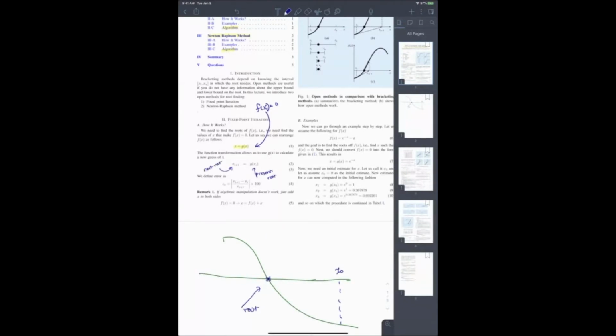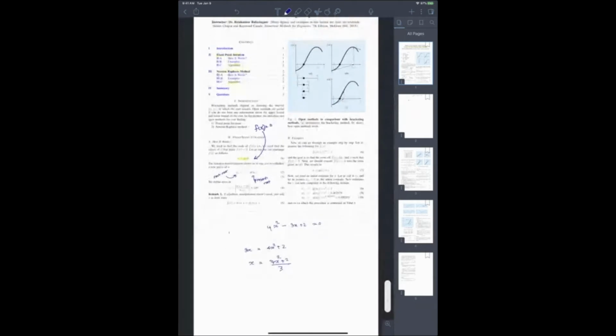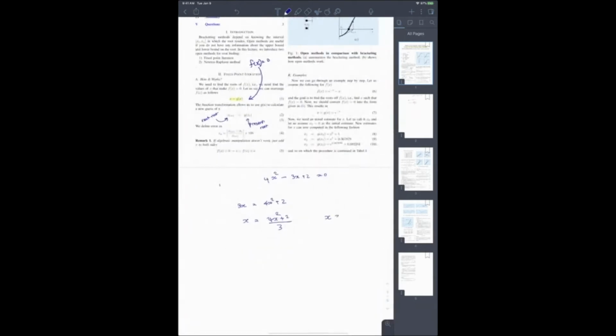For example, let's say we have to solve 2x squared minus 3x plus 2 is equal to 0. Let's say we have to solve this. If I have to write that in x is equal to g(x) form, I will write 3x is equal to 4x squared plus 2. So x is (4x squared plus 2) over 3. Now, if you look at it, that is in x is equal to g(x) form. So I will start with the initial guess.